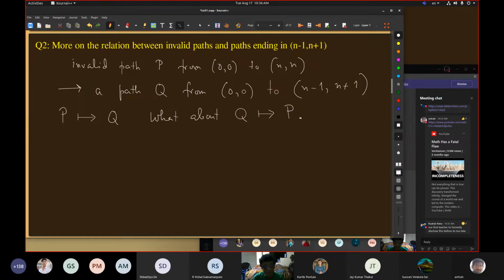I have to show that if I start with two different paths, I will end up with two different paths Q. Or there is another possibility: I reverse the construction, and starting from P, I get Q. Then from Q, I reverse the construction and get back the same path P. Conversely, starting from Q, I get P. And if this Q and this Q are the same, then most of you already know that we can show this is a case of bijection.